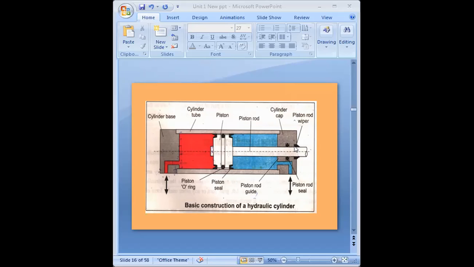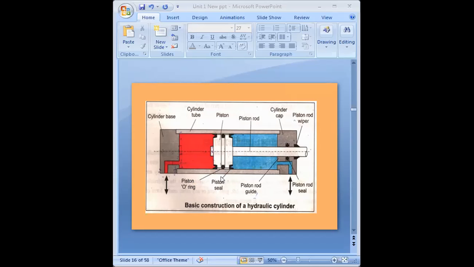You can see the black part on this piston rod; it acts as a seal. You can see the piston seals here. Then this piston O-ring is also a sealing and packing part. Seals and packing, their types we are going to see, is the last part of this first chapter.